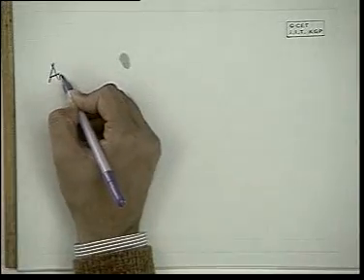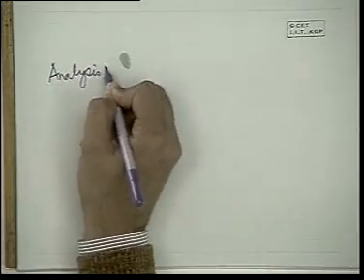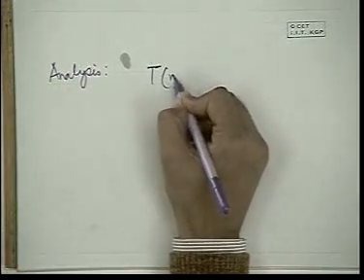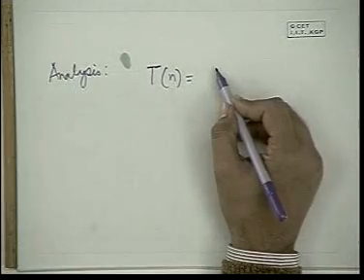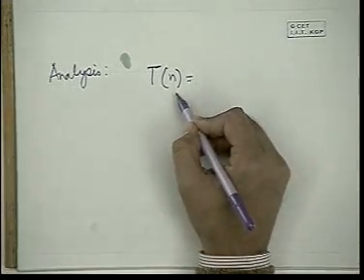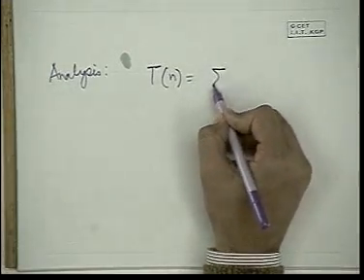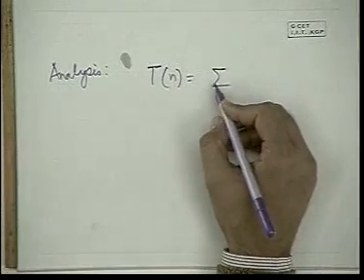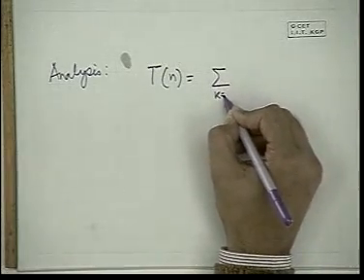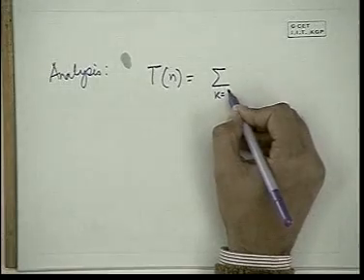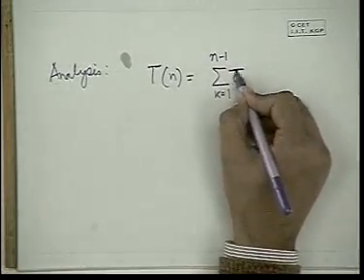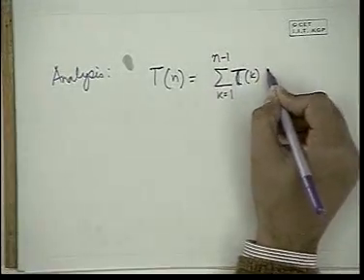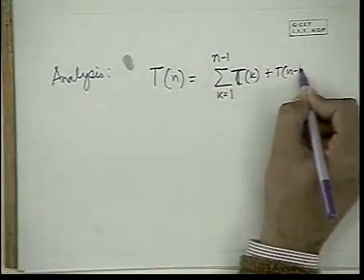So if I analyze this, then I should get T(n). Can you tell me what the right hand side should be? Now you should know this. T(n) is the summation over k, where k goes from 1 to n minus 1, of T(k) plus T(n minus k).